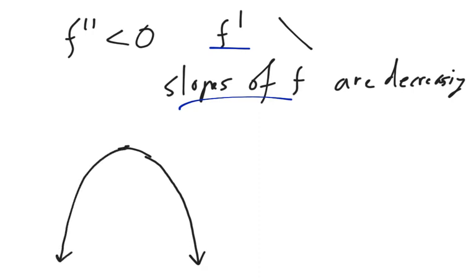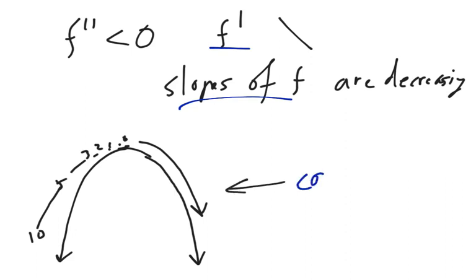These would curve downwards. So if you had a slope of 10, then 5, and then 3, and then 2, and then 1, and then 0, you can see how these slopes are getting smaller and smaller and more negative. Those slopes are decreasing. So this is the word concave down, or curve down. And if you want to add the sad face, you can add the sad face.